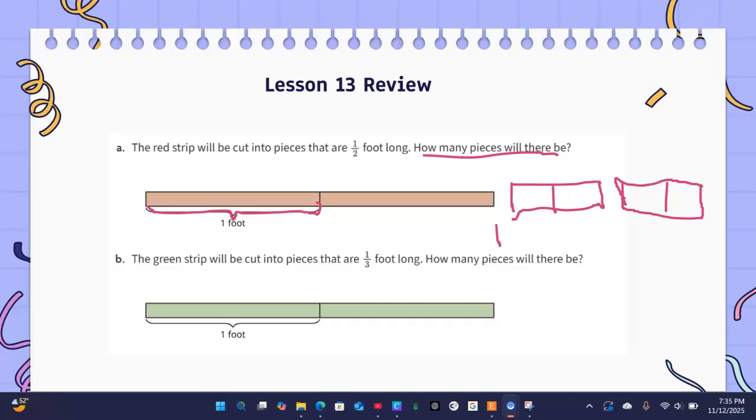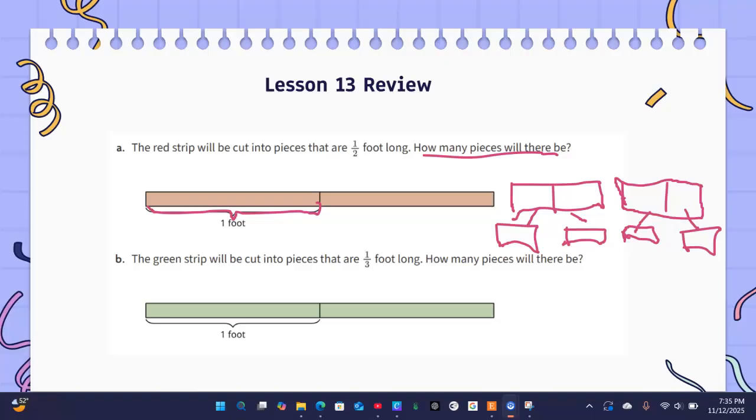Well, this half goes right here, this half goes right here, this half goes right here, and this half goes right here. How many total pieces do you have?